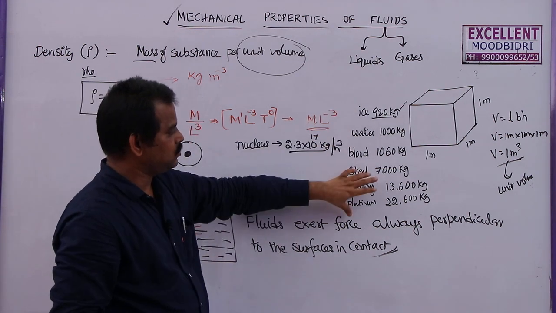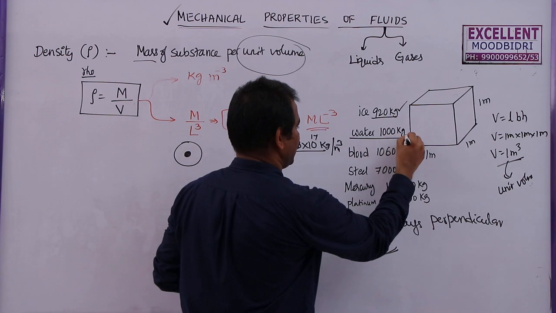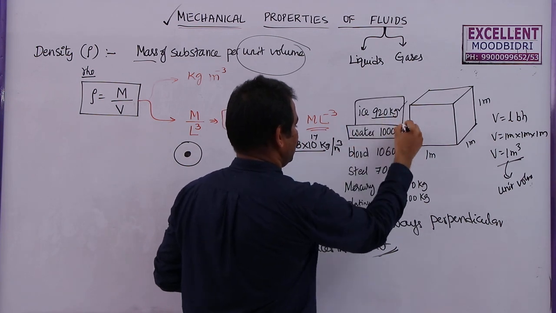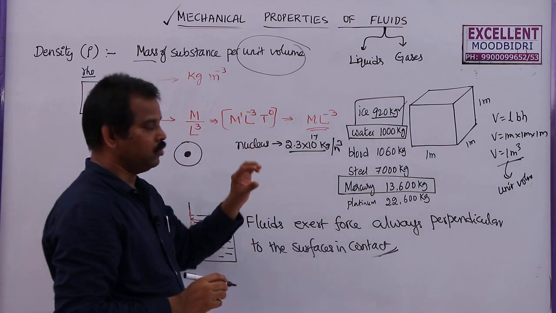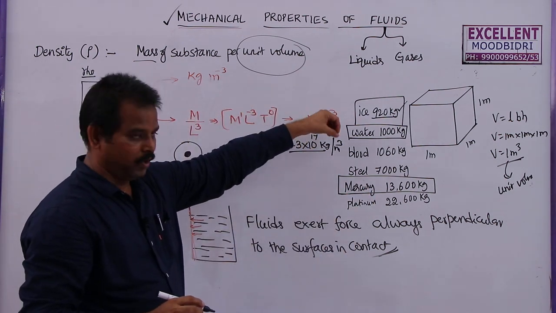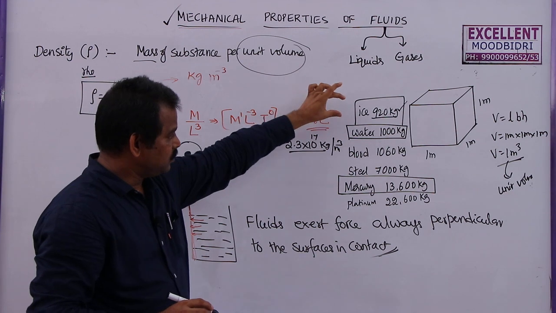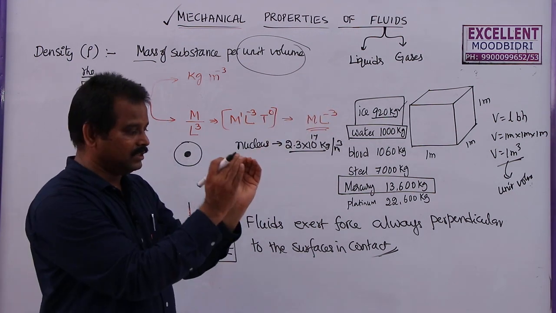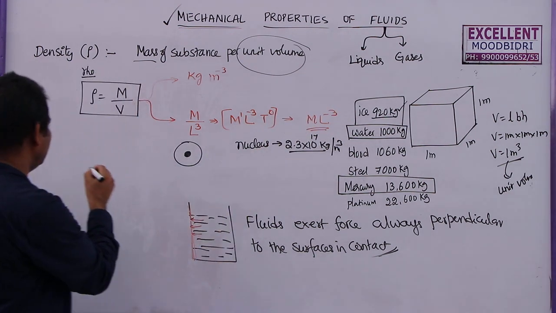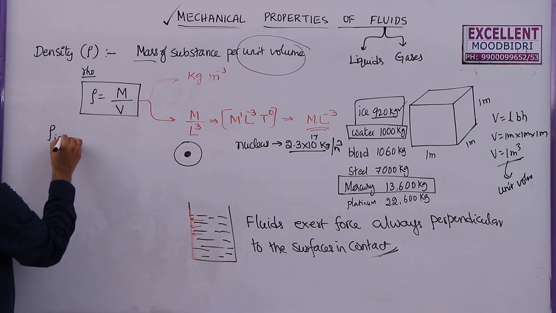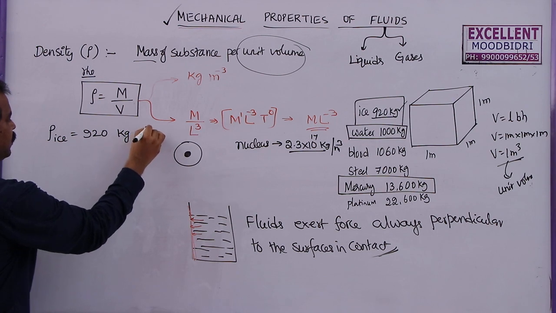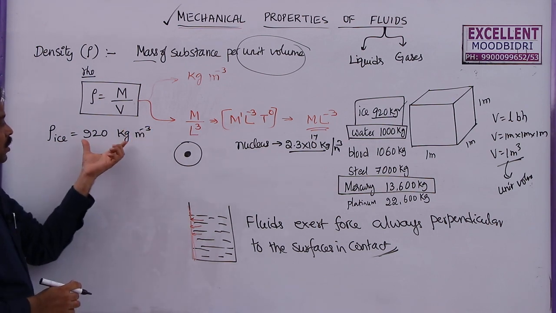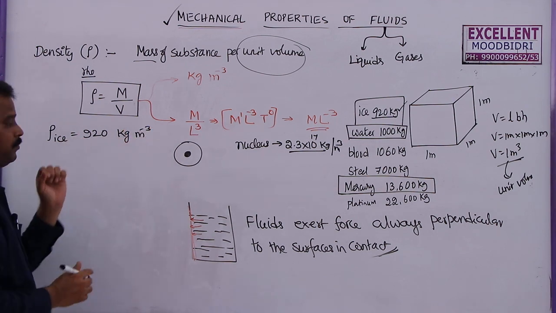These are the different values. Actually we need to remember this value as well as the mercury value, because sometimes they won't give these values in problems. So please remember, density means the mass of the substance per unit volume. Density of ice is equal to 920 kgs per meter cube. That means in 1 meter cube we can have 920 kgs of ice.